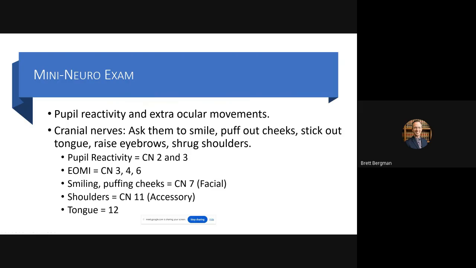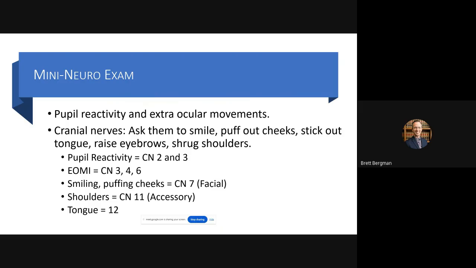So, a little mini neuro exam. This is something that I like to do. We talked about that pronator drift. That's a great clinical tool where you have them hold their arms out and close their eyes. There are 12 cranial nerves, and I have a pretty quick little thing that I will run patients through where I address about 7 of them.